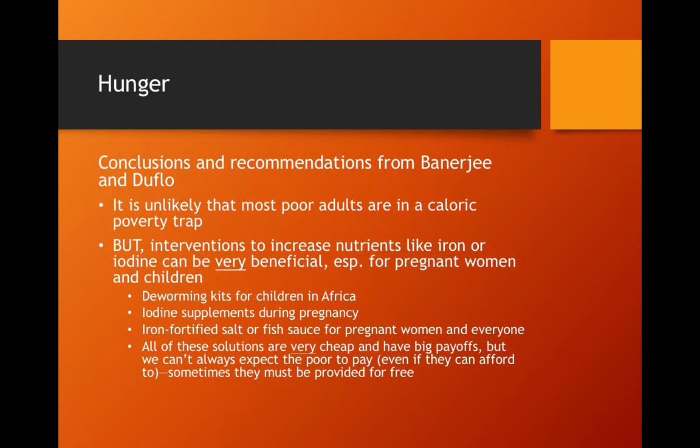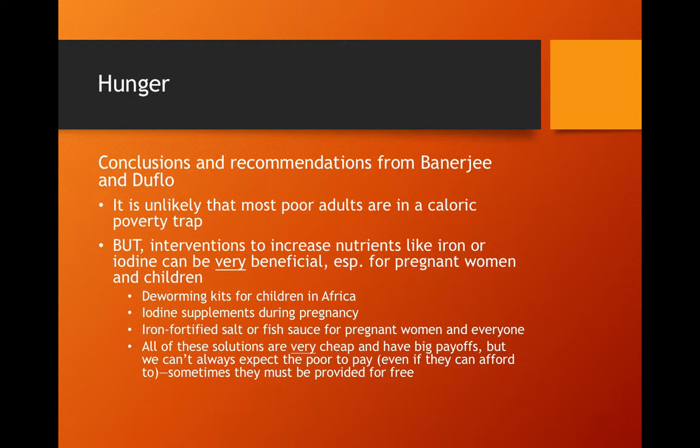But the poor don't always make these smart financial decisions. Not because they're different from everyone else, but because they're just like everyone else. So Banerjee and Duflo point out that even though this fortified fish sauce is a good investment for people, people either aren't aware of it or they focus more on the short-term cost of $7 rather than the long-term payoff. And we all do that. We're all going to focus more on the short-term costs and benefits than the long-term.